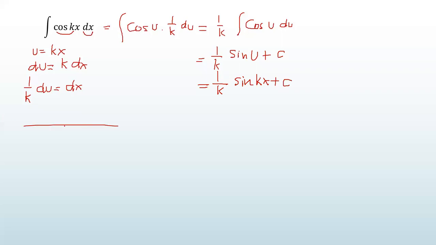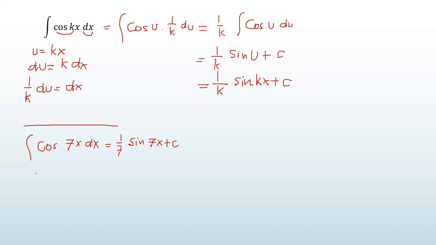Okay, for example, if you have the problem integral of cosine 7x dx, the solution is 1 over 7 sine 7x plus c, according to this outcome.